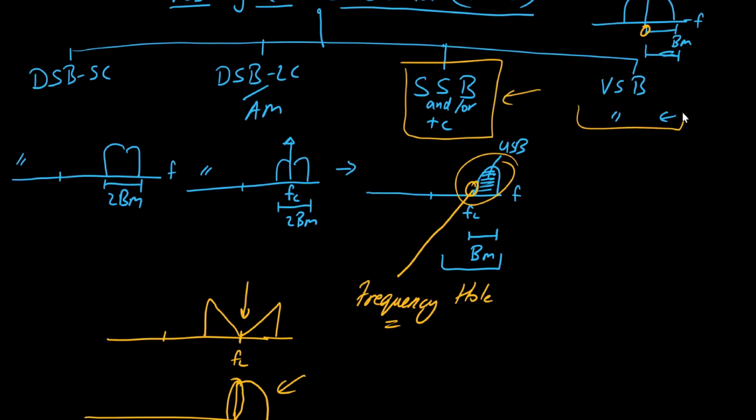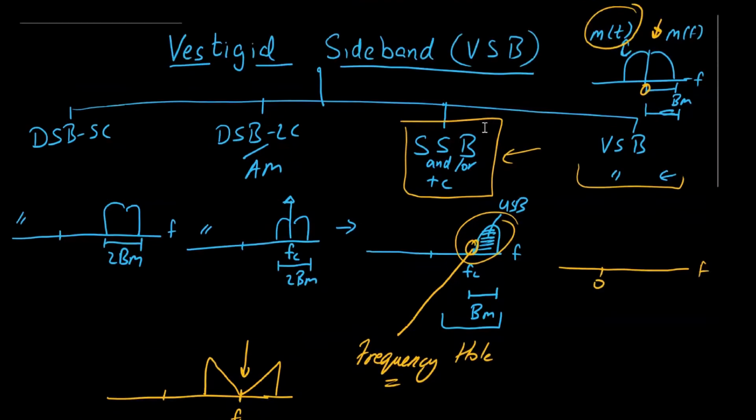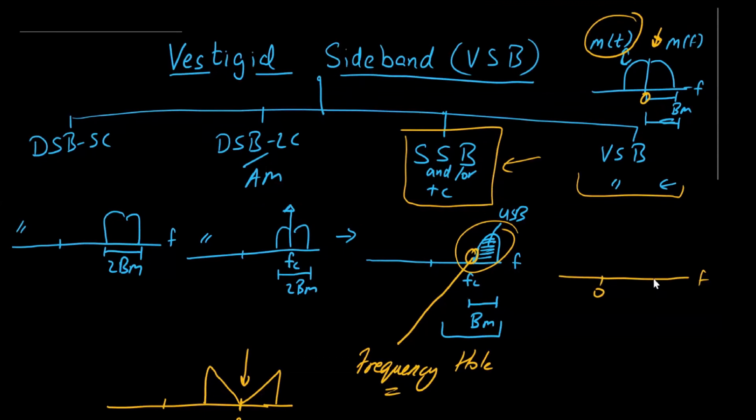In terms of bandwidth, at this moment I would just say that the message signal has a bandwidth of B_m, this is our fc, this is fc plus B_m. VSB would be something like this.